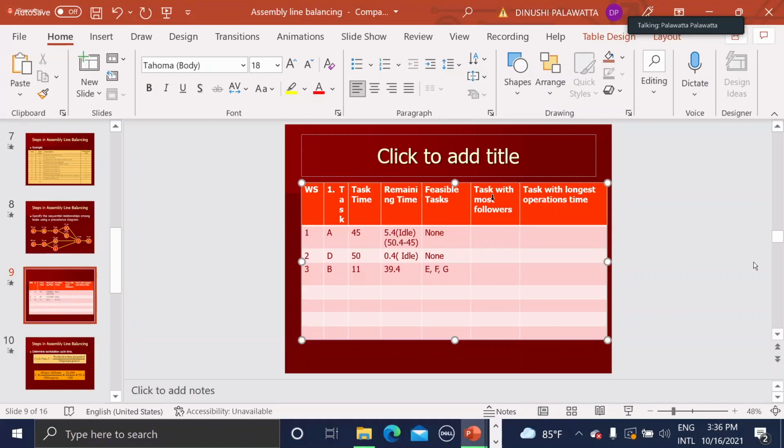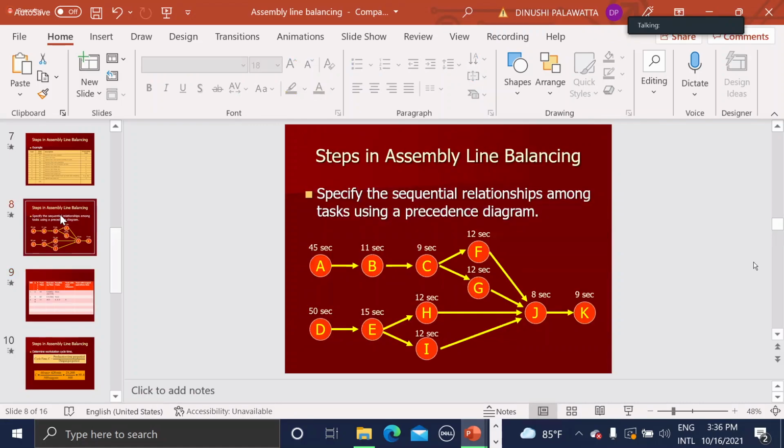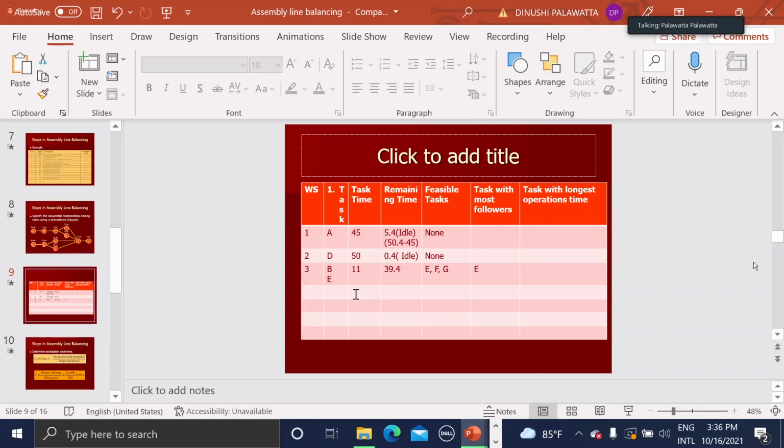Out of them, the task with the most followers is E. So then E is selected. E's time is 15 seconds. So 39.4 minus 15, then you get 24.4.